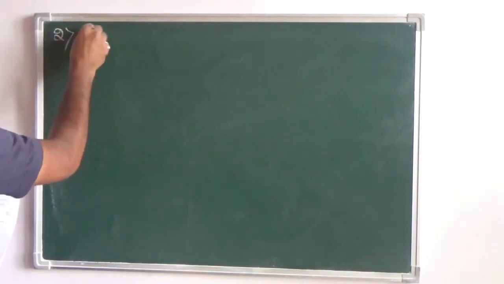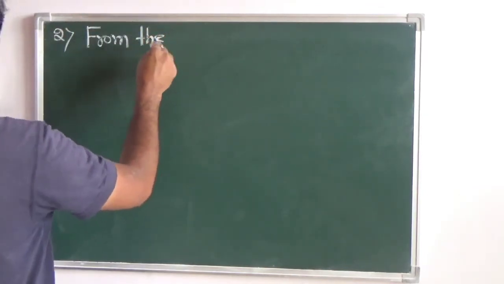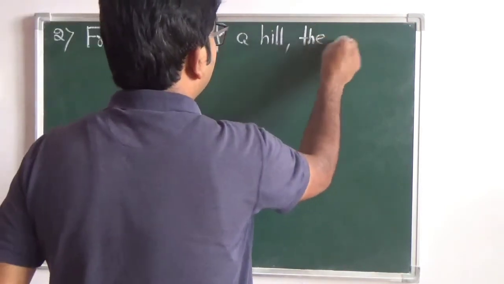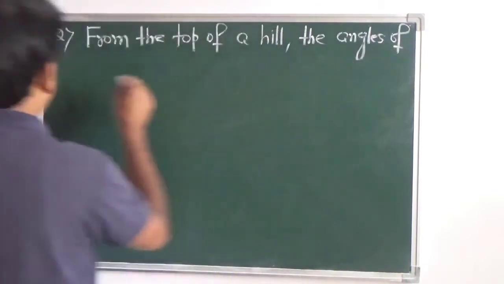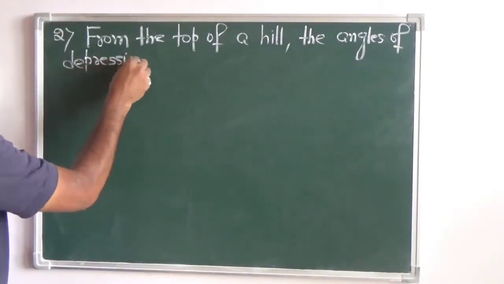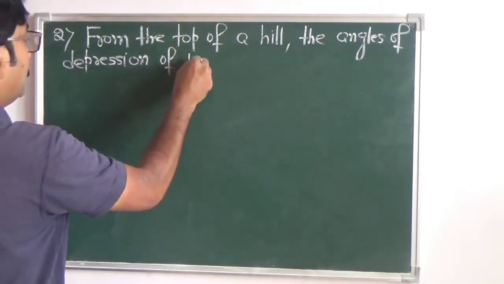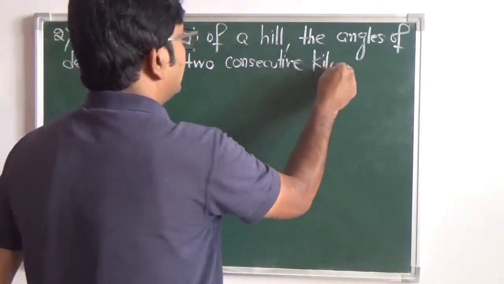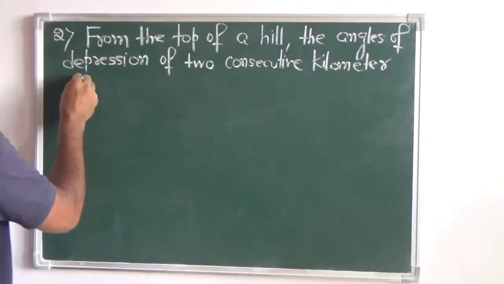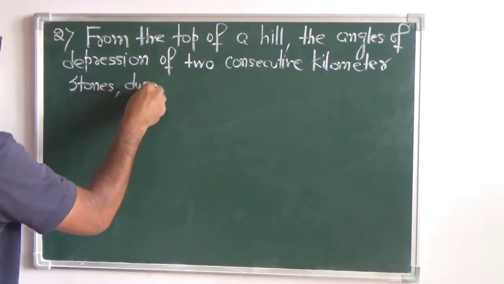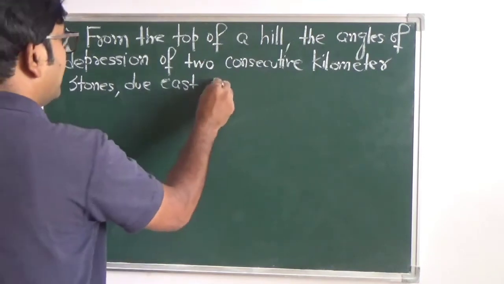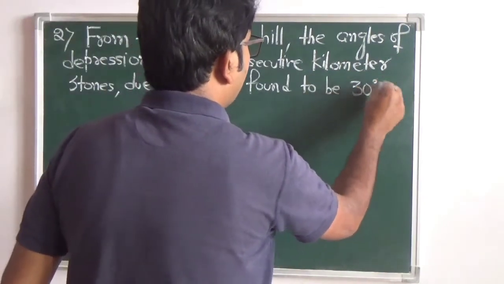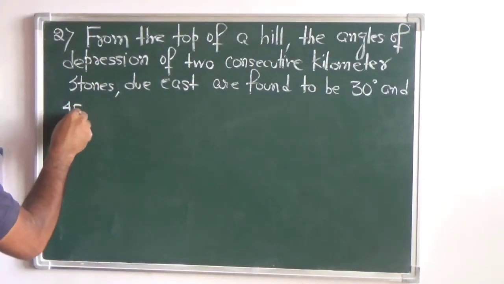Question number 2. From the top of a hill, the angles of depression of two consecutive kilometer stones due east, means towards east, are found to be 30 degrees and 45 degrees respectively.